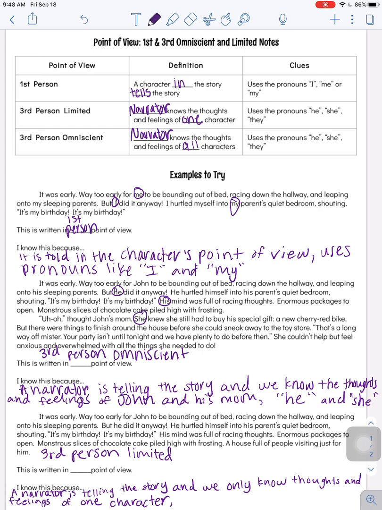And then once again, I see pronouns like he and she.